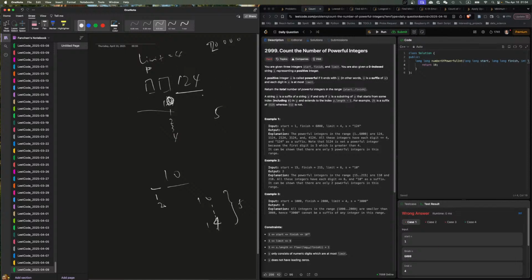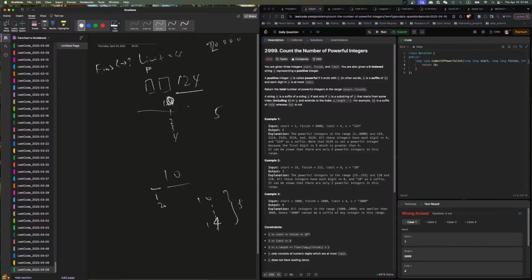Okay, now finish works. So we have a finish which is above it. Then we can find how many digits there are in finish. So with some number of digits, we know the maximum number of digits that we can do.